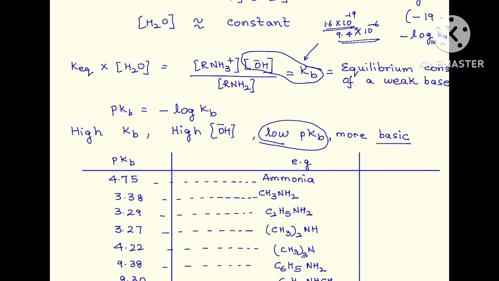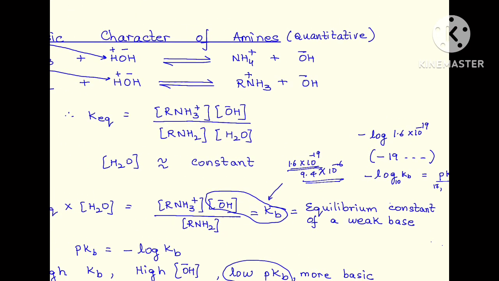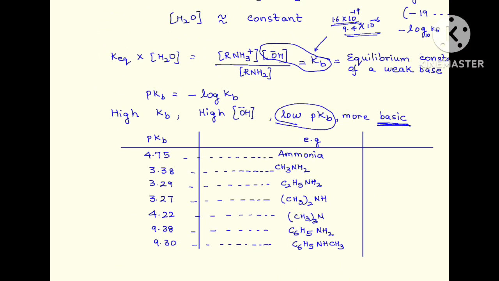Basic character means there is release of hydroxide ions, because these hydroxide ions are being released when electron is being donated from the nitrogen to the proton over here. So remember, higher Kb, lower pKb, and lower pKb means high hydroxide ion concentration and more basic.